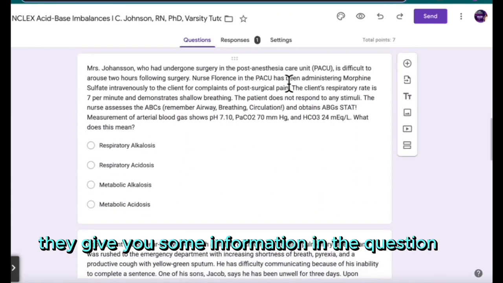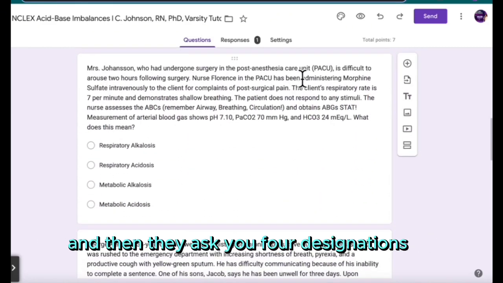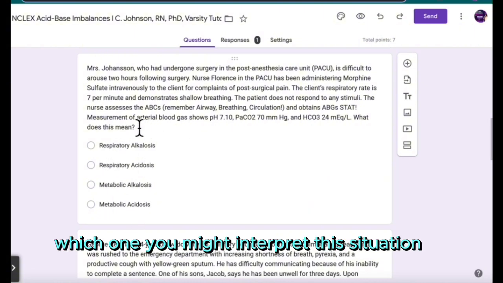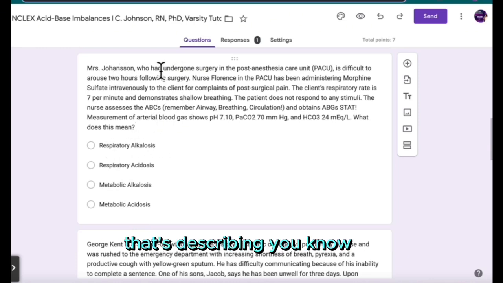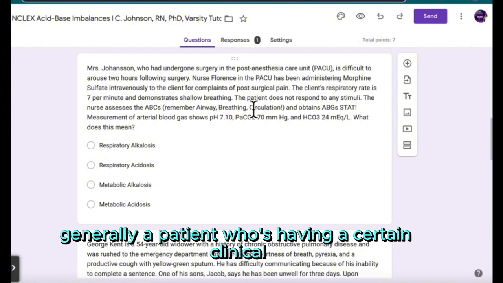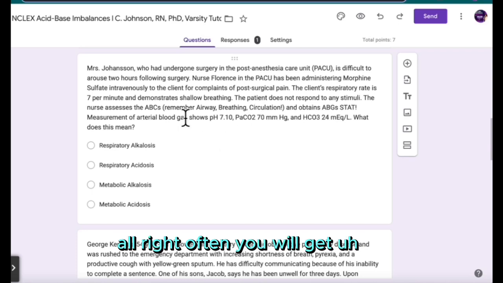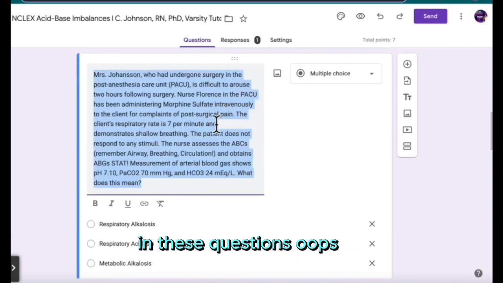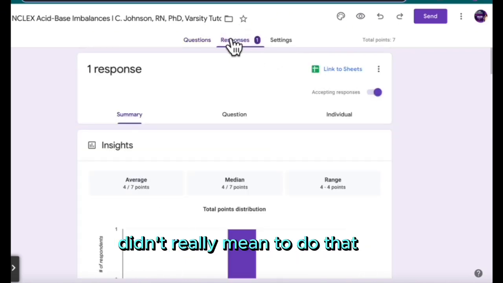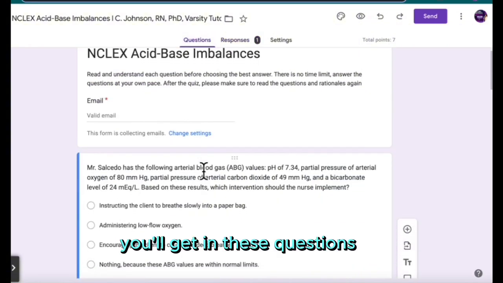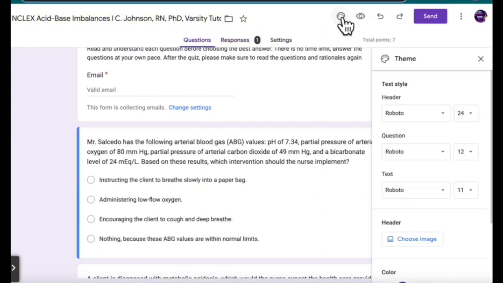They give you some information in the question, and then they ask you four designations, which one you might interpret this situation that's describing, generally a patient who's having a certain clinical presentation or set of symptoms that you're going to interpret.